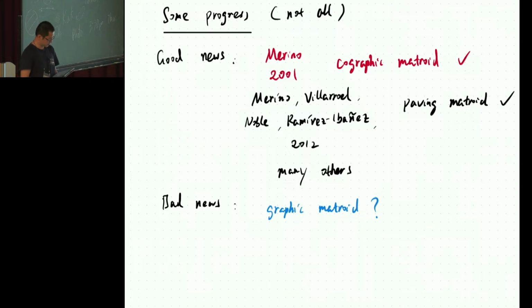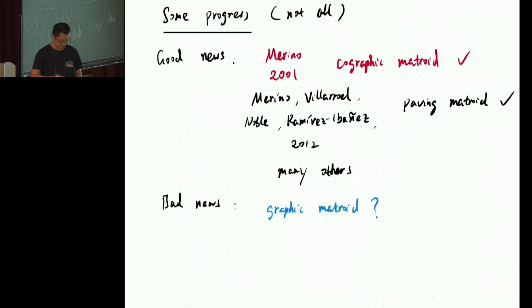Okay, let's see some progress. The good news is we know in some cases this conjecture is true. The most relevant one to my talk is Marino's result. He proved that it holds for cographic matroids. And actually he, with some collaborators, proved that it holds for paving matroids.